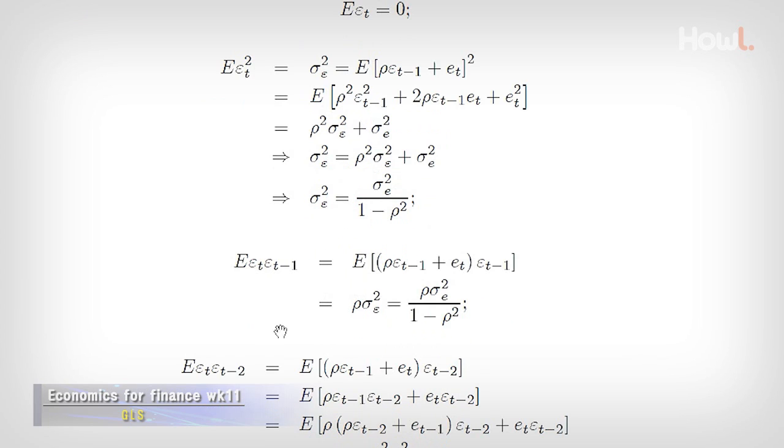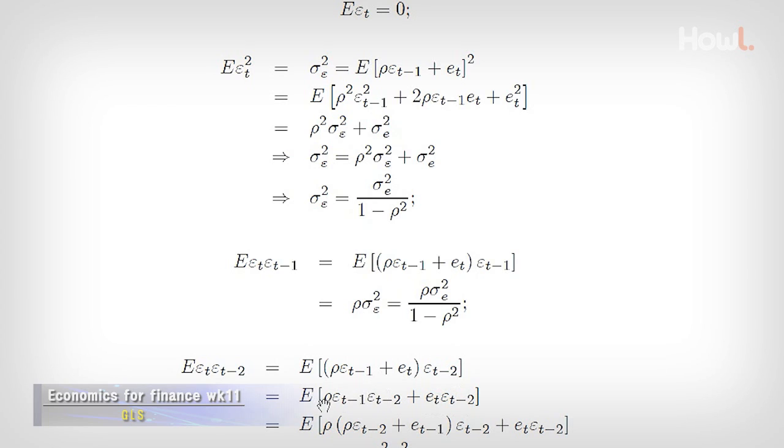Okay, and epsilon t minus 2. Again, we have this one and we have this one. So it is the covariance between epsilon t minus 1 and t minus 2, and we already know the value of this part. And about this part, they are not correlated, so the expected value of this part is 0.